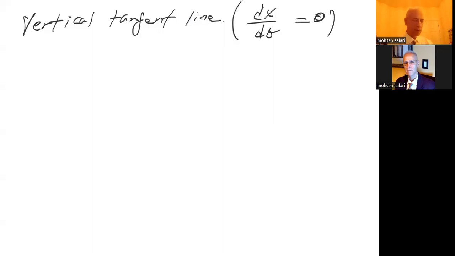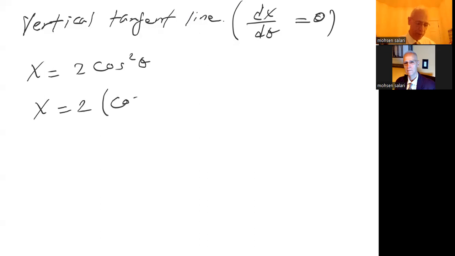First of all, what is dx d theta? If x equals 2 cosine squared of theta, remember, you can write this as 2 times cosine of theta quantity squared. That makes your life easier.